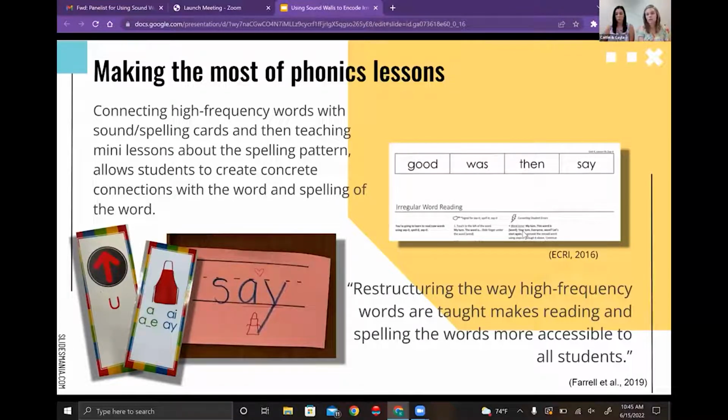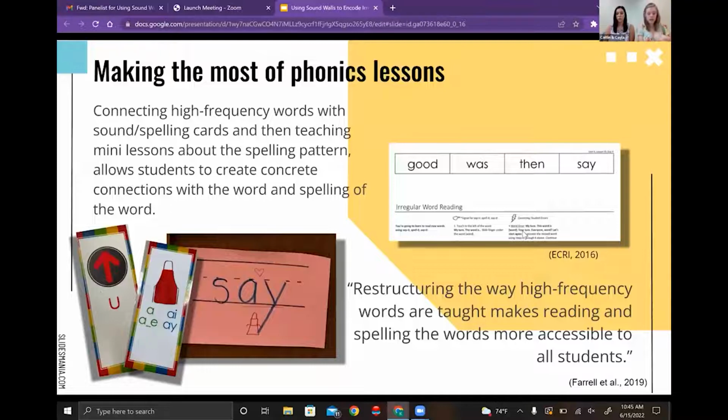So you'll see underneath that part of the AY, we have the picture of the apron, which directly relates back to our sound spelling card. So if the students don't always necessarily remember what the spelling is, they can say, oh, I remember that it was an A sound, and I know that on our card, our A is our apron. So I can go directly to that card and then find which spelling pattern might be helpful for me.